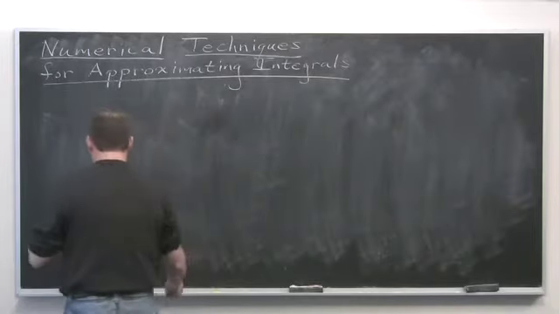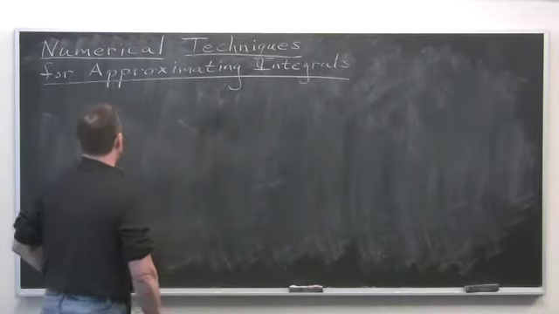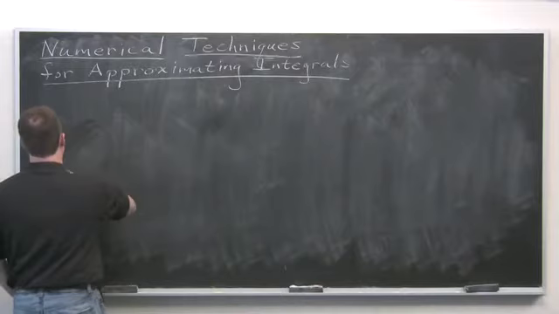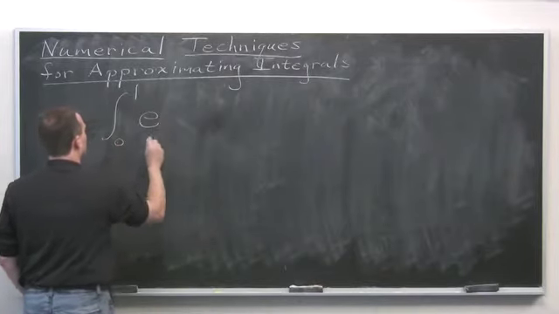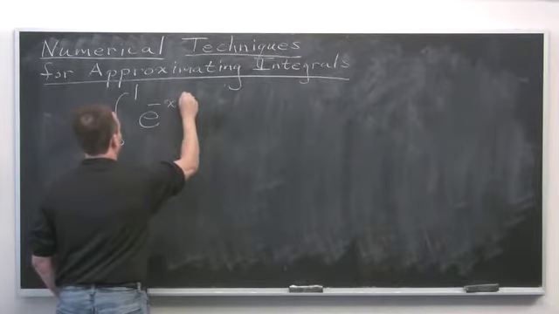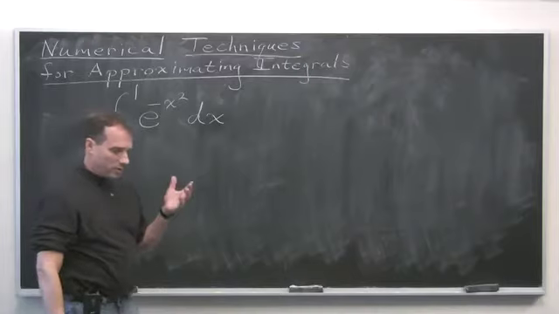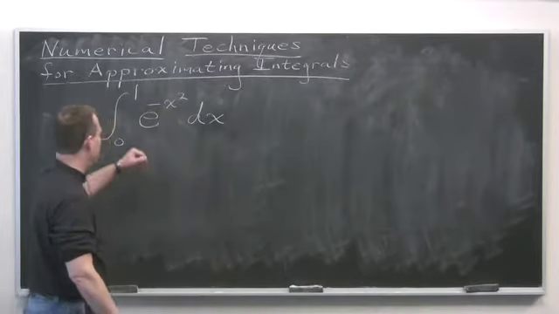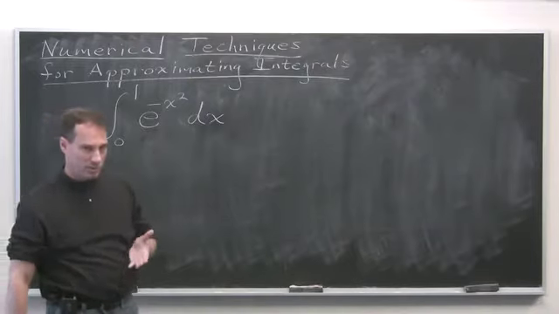As an example of an integral that we care about, for which we cannot produce a nice antiderivative of the integrand, I'll give you the integral from 0 to 1 of e to the minus x squared dx. This type of integral is important in probability and statistics, and yet it's a theorem that e to the minus x squared has no elementary antiderivative.